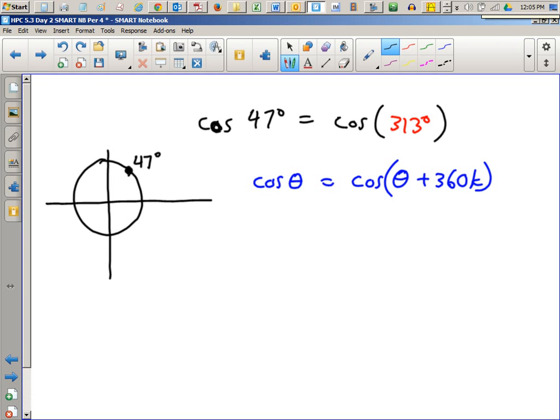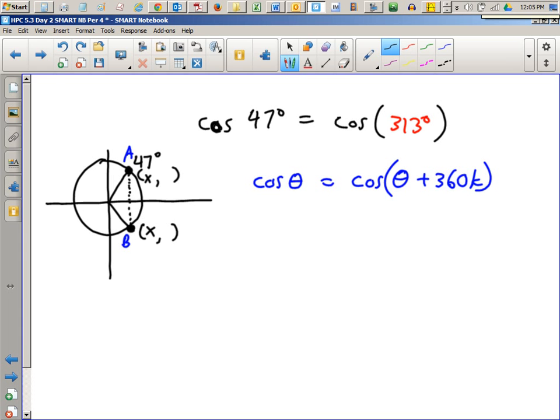So you're saying flip it over the x-axis? Yeah. Okay, so if you reflect over the x-axis, you're going to find another point down here, right? And the relationship between point A and point B in this picture is that they both have the same what coordinate? They both have the same x coordinate. It's true. And if they both have the same x coordinate, then they both have the same cosine value. So we're using symmetry to argue that point B works as well.